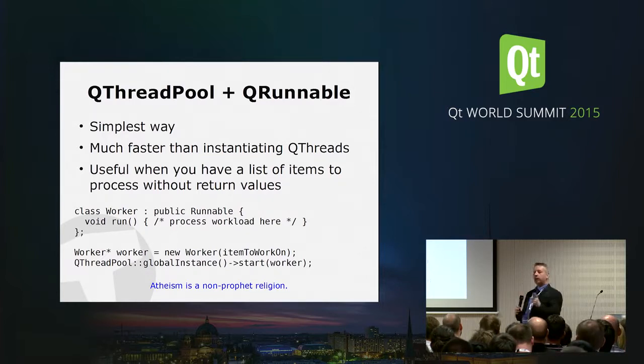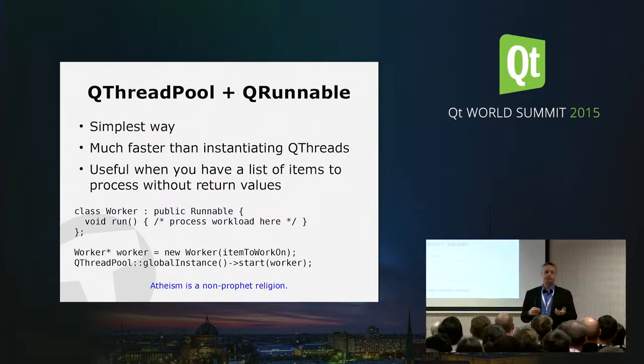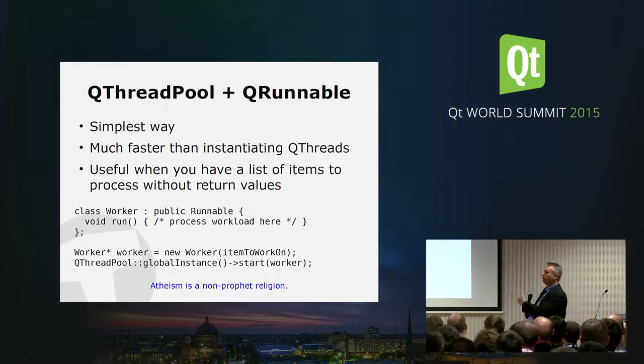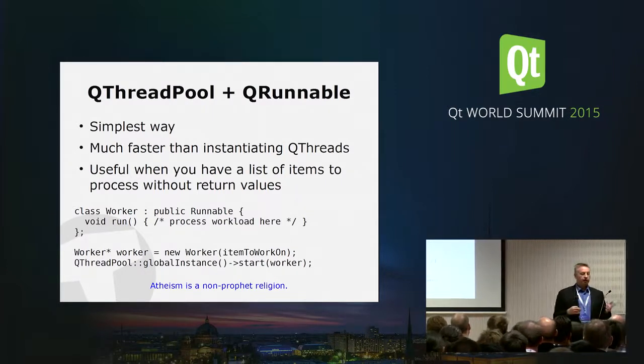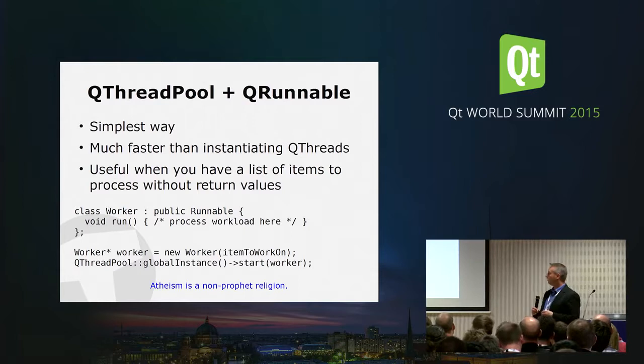But the runnable is not a subclass of QObject, which means you cannot, at least not immediately, just start emitting signals and slots. You can do stuff like creating objects inside there, but you cannot just do that. That's the one thing about this where it might be a bit annoying sometimes.